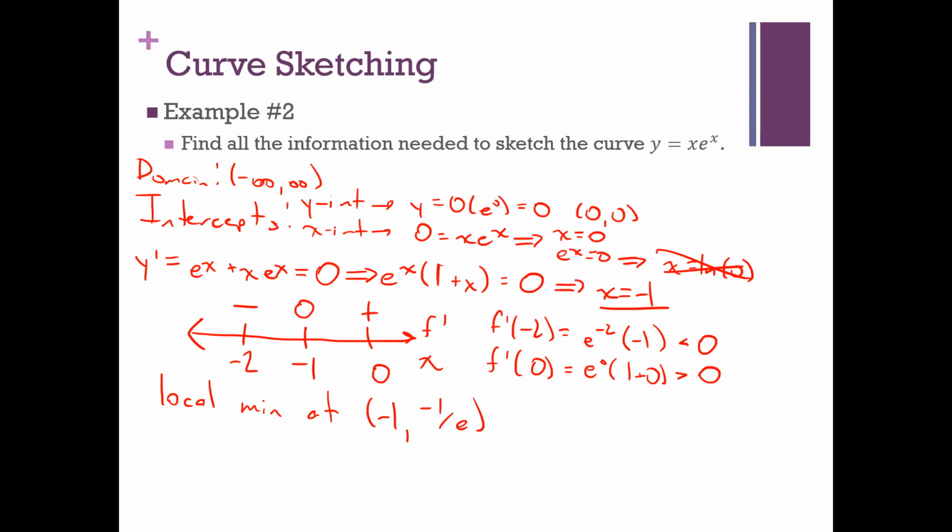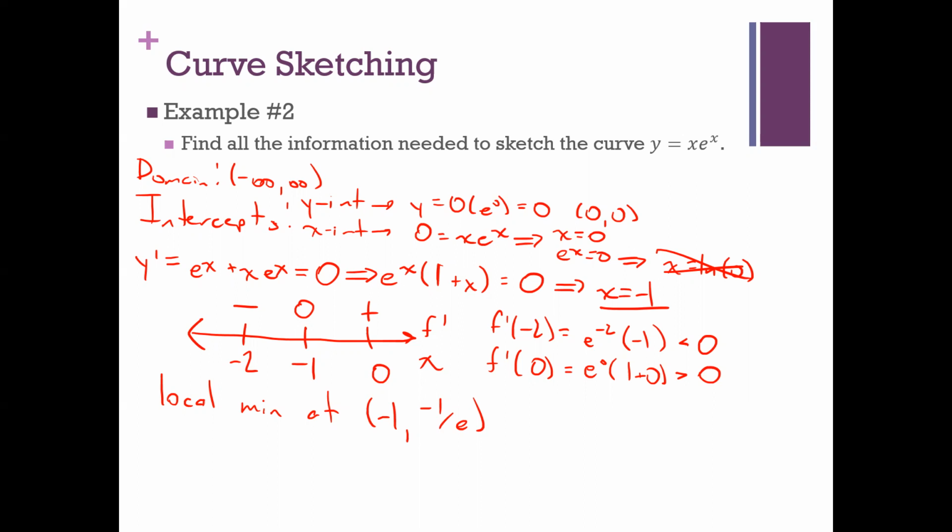We found exactly one place where the derivative is equal to 0. The derivative cannot be undefined anywhere because x is defined everywhere, and e to the x is an exponential function, defined everywhere. So their product has to be defined and continuous everywhere. So that's the only minimum, the only local extreme I can have.